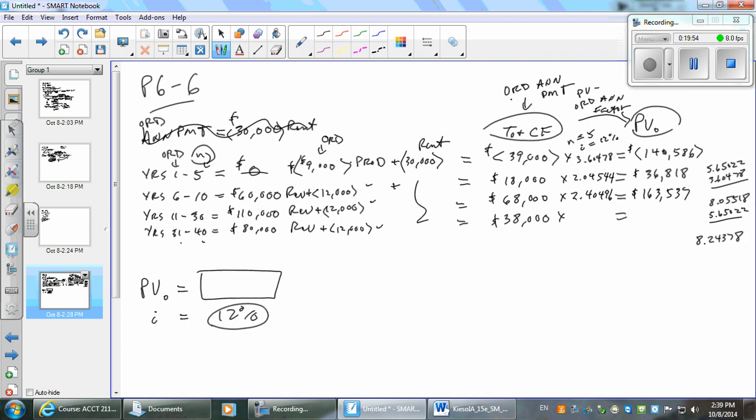Isn't it amazing how little you get for the last 10 years? But this is a high discount rate. It's 12%. And take away the factor then for 30 years, which was 8.05518. And what's the difference? Oh my, 0.1886.